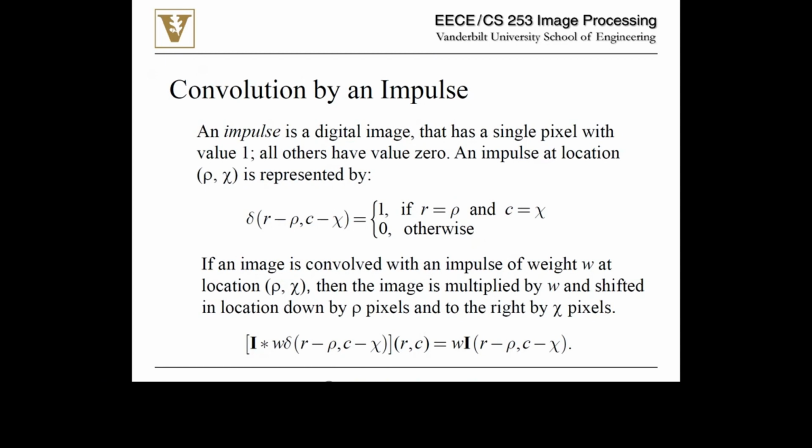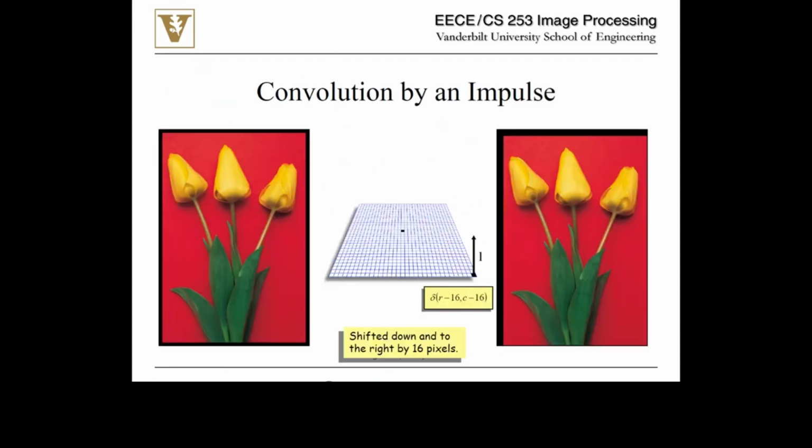Then let's have a few examples. Let's say that we have this image, and we are convolving with this kernel that has a one at the location 16,16, and the origin of the kernel is there, but it has a 0 value there.